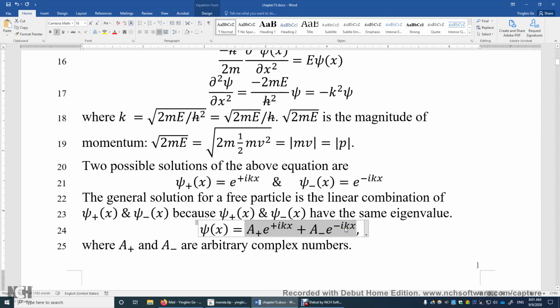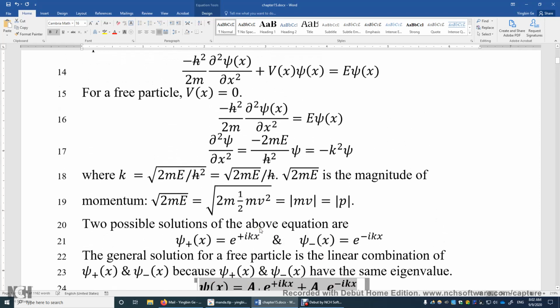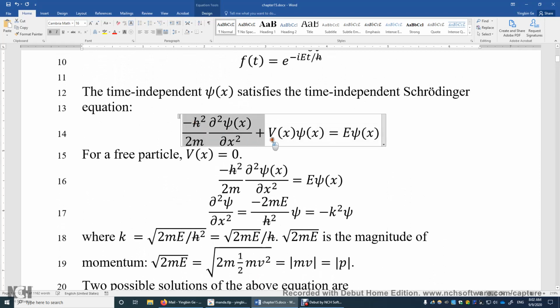They can also be any complex numbers. So this is the general solution for a free one-dimensional particle. And if you plug in this general solution to the time-independent Schrodinger equation, you'll see this equation holds true.